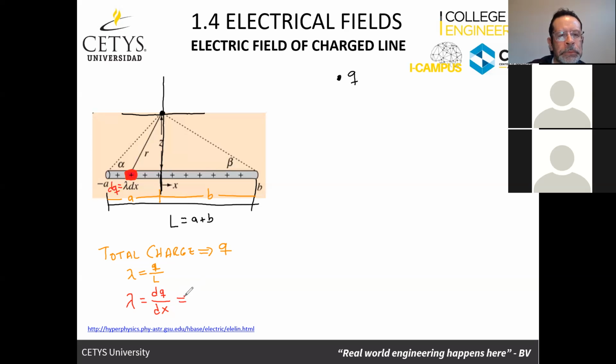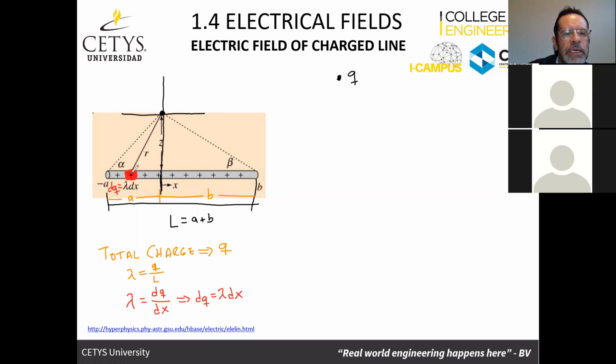So from here, we find that that differential of charge is going to be equal to lambda, I'm sorry, multiplied by the differential of the distance. Okay. So now I'm looking at a very small point that can be considered a point charge that has a charge represented by lambda multiplied by the differential of x.